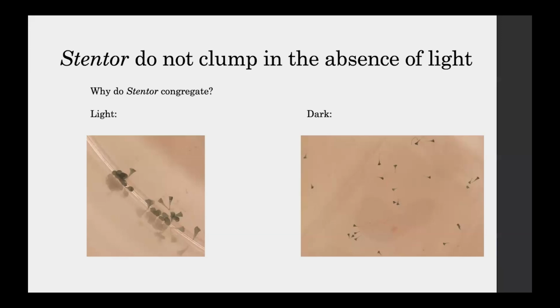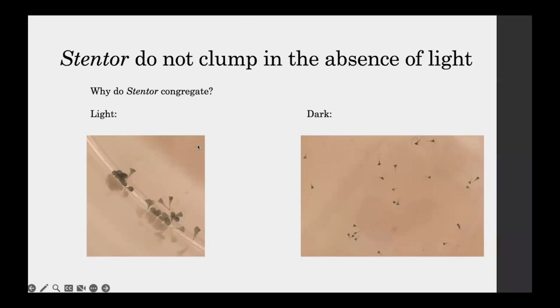I was interested in how stentor's exposure to light affects their clumping behavior. What you see in my Zoom background is actually the stentor have aggregated in a rosette formation in a clump. And I wanted to see if that is somehow related to the presence of light.